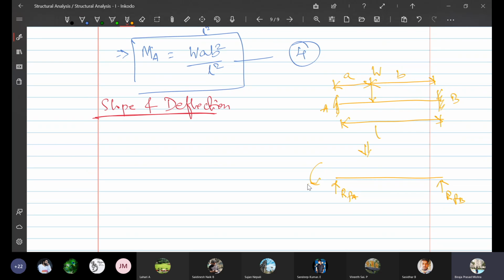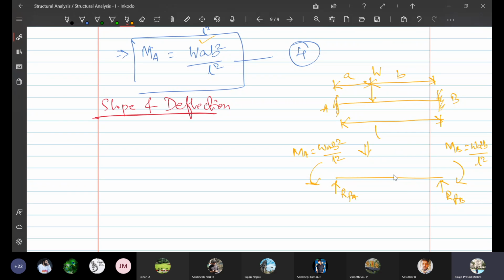Here we have a moment, that is MA. MA we have found out as WAB square by L square. And here we have another fixed end moment, that is MB equals WA square B by L square. We have found out that one.